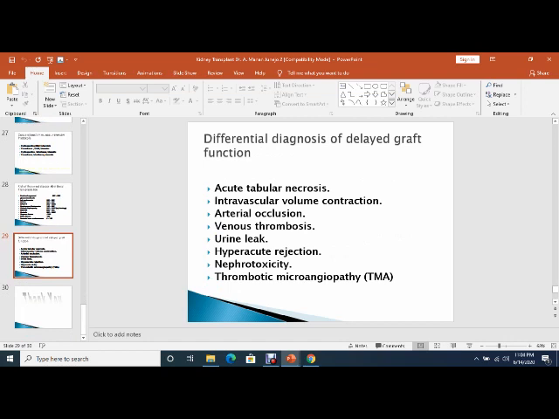So this is the last slide, which shows delayed graft dysfunction. What are the differential diagnoses if graft dysfunction is delayed?